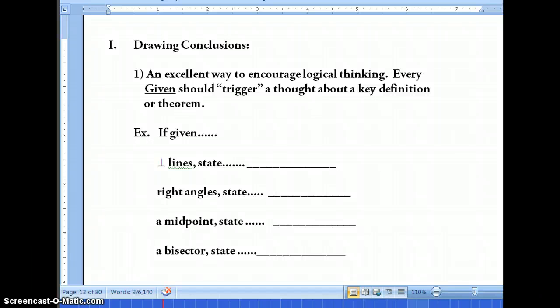Looking at some of these, and these should be pretty familiar to you. If you are given in a problem that you have perpendicular lines, you should be able to state that you have right angles. If you are given in a problem that an angle is a right angle, you should be able to state that you have complementary angles forming that right angle.